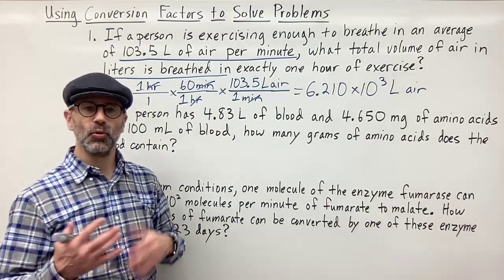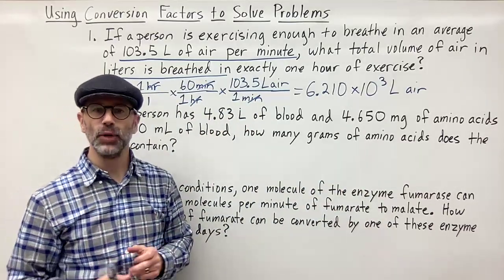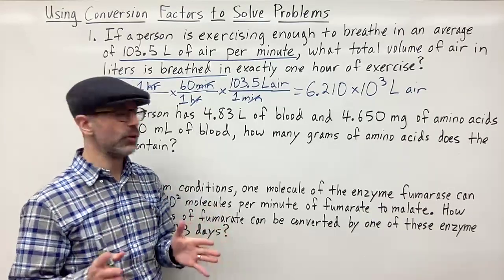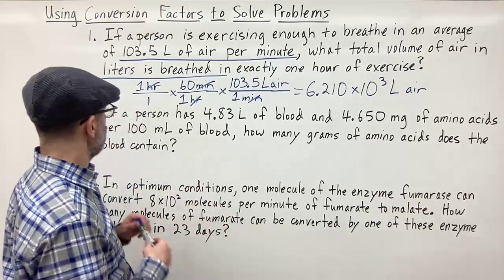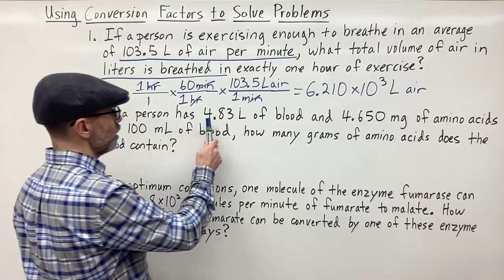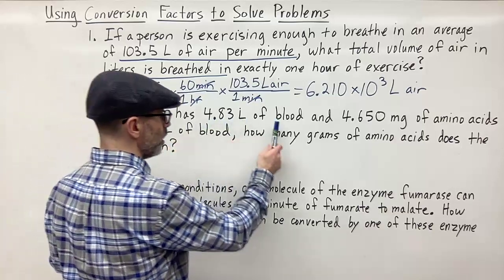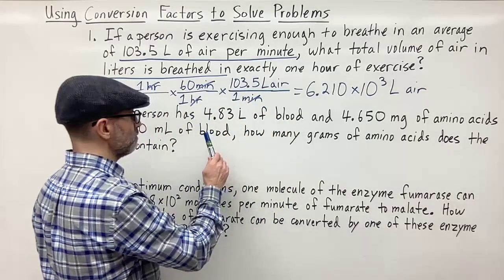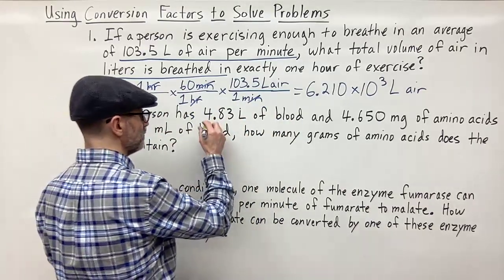Again, part 1, we're going to pull out the information that we need, like conversion factors. So what do we have here that's a relationship? Well, if a person has 4.83 liters of blood, that doesn't seem to be connected with anything. So we'll come back to that.